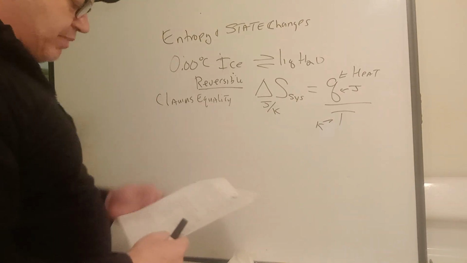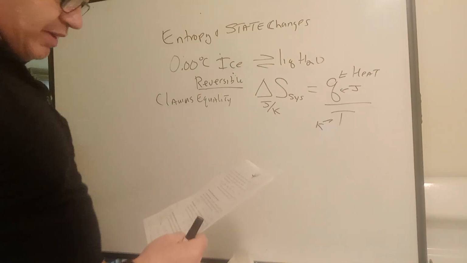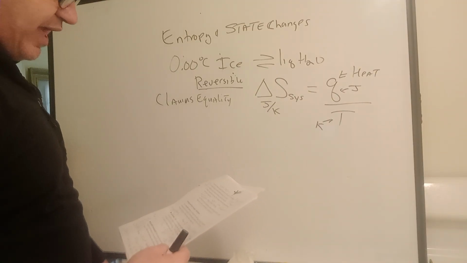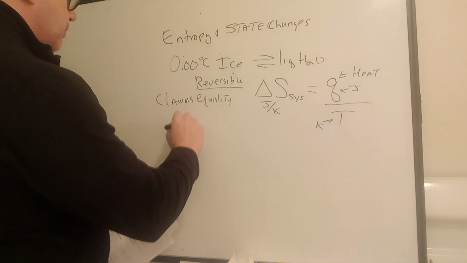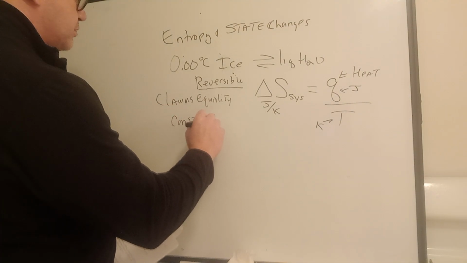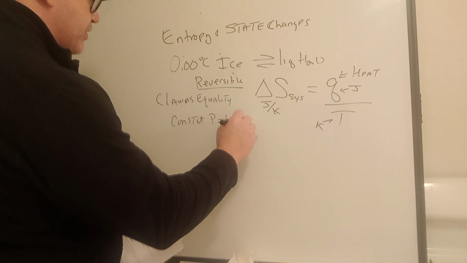So there's a problem. I'm going to work it out. It's a skill builder on page 6. It says under constant atmospheric pressure of 1 atm. So we have a constant pressure of 1 atmosphere.